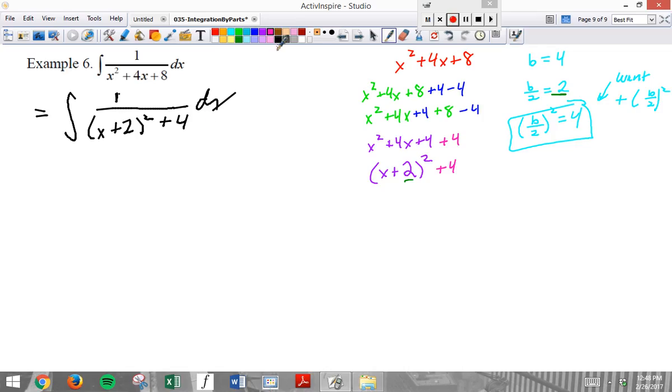So in my mind, because I've been doing this long, I see this as looks like 1 over u squared plus a squared, which is arctan. And just in case you don't memorize the rule yet, it's 1 over a arctan of u over a.